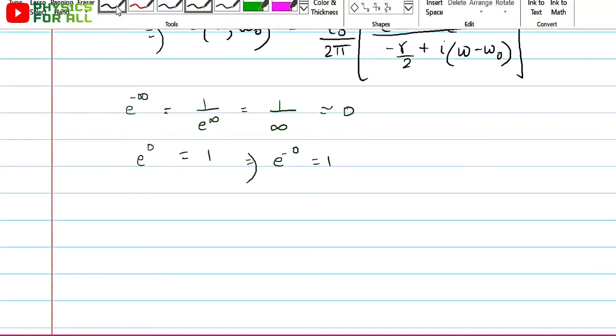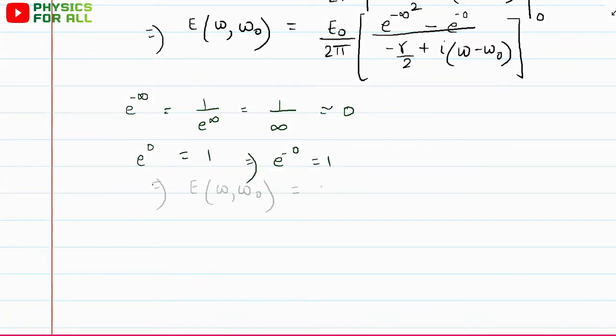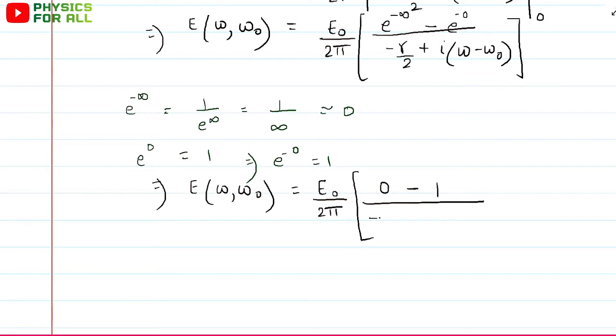So back to our derivation, we can write e naught upon 2 pi, e raised to power minus infinity is 0, minus e raised to power 0 is 1 upon minus gamma by 2 plus iota omega minus omega naught. This is the term that we have. This is minus 1 in the numerator.